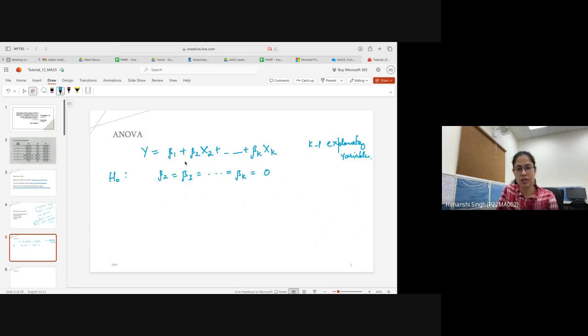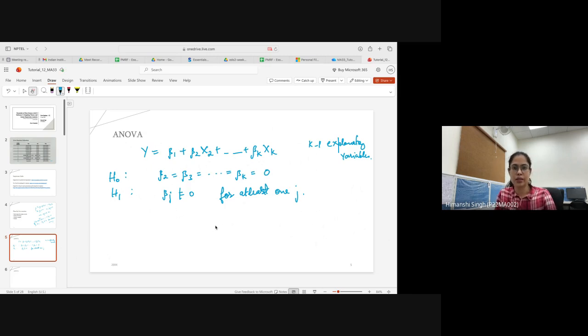We are only considering beta 2 to beta k equal to 0. This is our null hypothesis, and H1 is beta j, or beta i, whatever you want, is not equal to 0 for at least one j. Okay, so this is our hypothesis, the null and the alternative, and we basically want to test this.